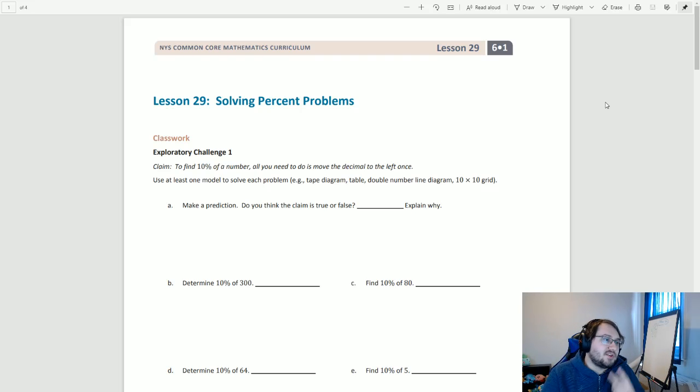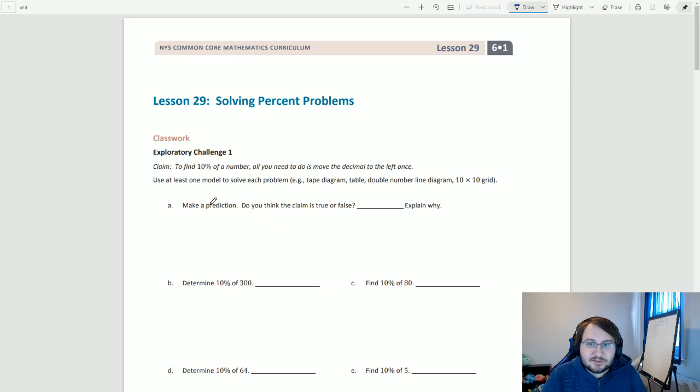In this, we're going to have two exploratory challenges, and we're going to look at claims and see if they're true or if they're false. These claims are going to help us, but they'll either be shortcuts or they'll basically be warning us, hey, don't try to take this shortcut.